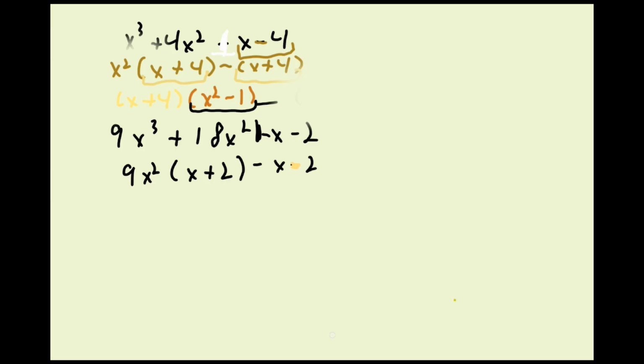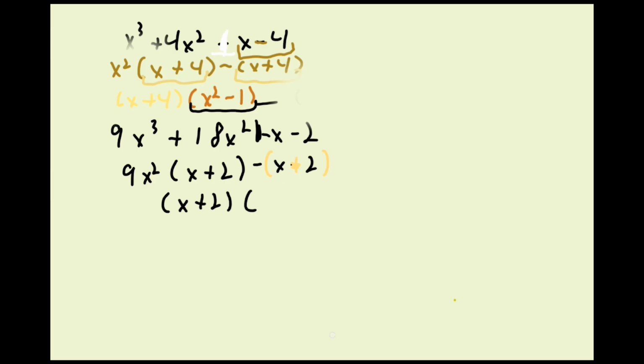So now it should be x. Let's see how I can do this. That should be x. There you go. That looks bad. Whatever. Let's bring it down a notch. So now we have both x plus 2's. So we'll just do what we did last time. X plus 2.